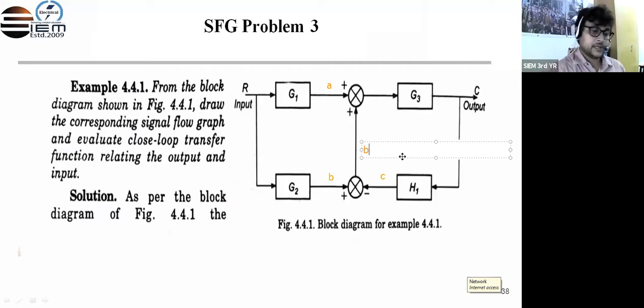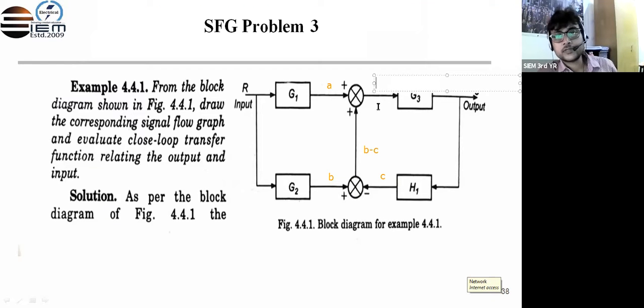B minus C. So B is incoming and C is also incoming, so B minus C will be here, and here what value is coming? This B minus C, so A plus B minus C.